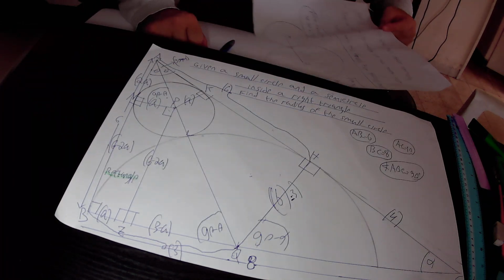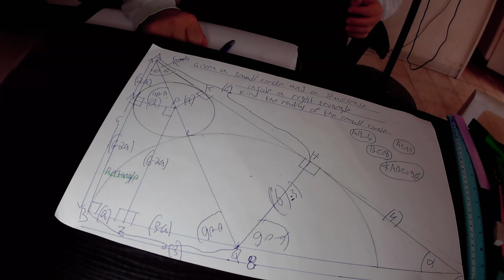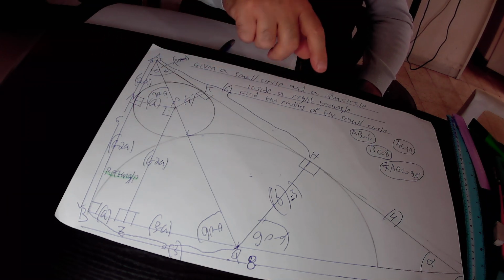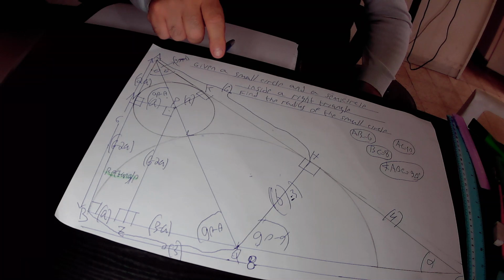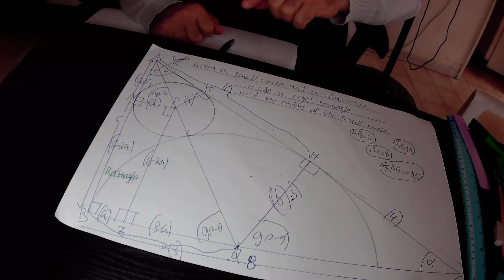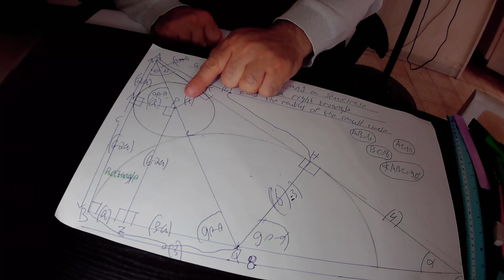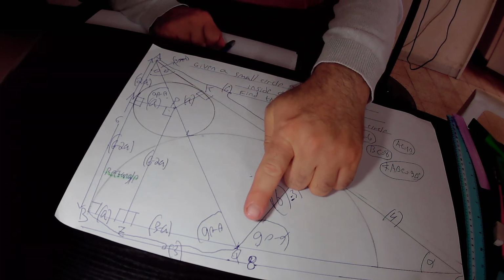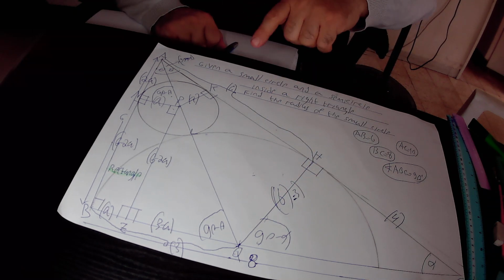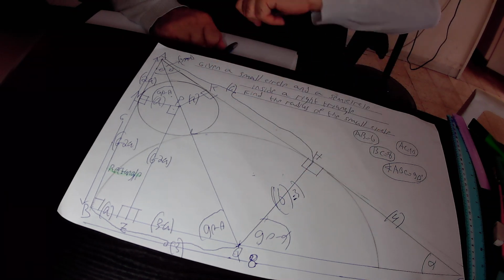We can actually implement Rule 10 in our drawing. Why? Because in our drawing we have an external notch between this small circle and this big semicircle. That is to say, they are touching each other externally at point L. The center of this small circle is at point P. The center of this big semicircle is at point Q. And the straight line that connects the centers together is of course the straight line PQ.